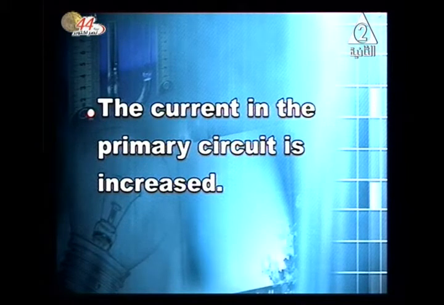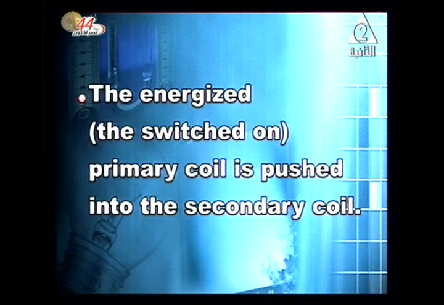When the current in the primary circuit is increased, the needle will also deflect in the same direction. When the energized, that means switched on, primary coil is pushed into the secondary coil. So the 3 ways are: when the current in the primary is increased, when switching on the current in the primary circuit, and when the switched on primary circuit is moved towards the secondary coil.